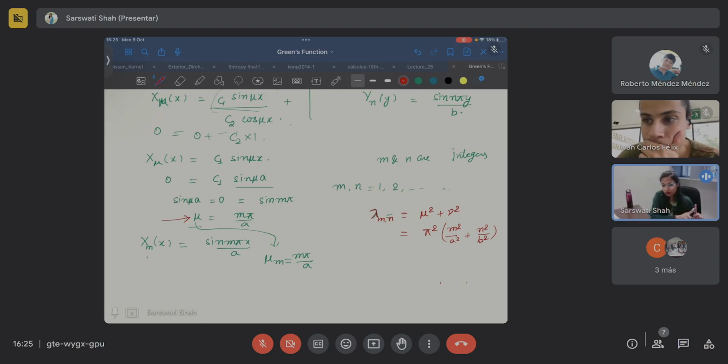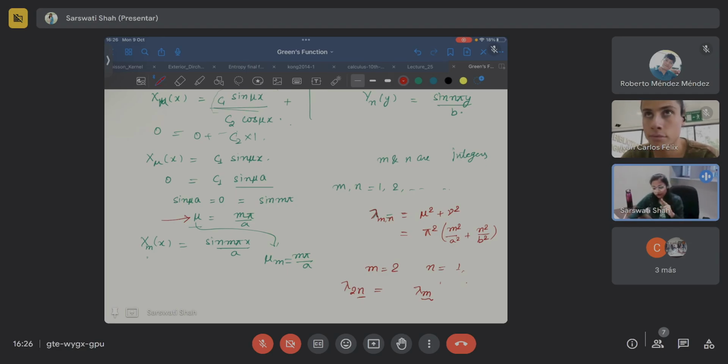So according to m equals 2, you are going to get a countable set of eigenvalues, lambda_2n, infinite but countable. In the same way, suppose you fix n equals something, then m is going to vary. Again, you are going to get a countable set of eigenvalues.